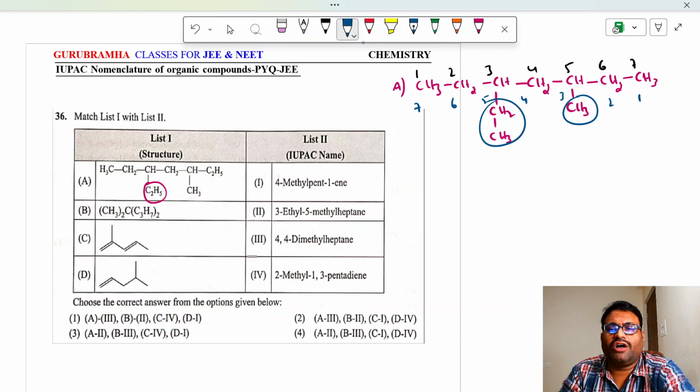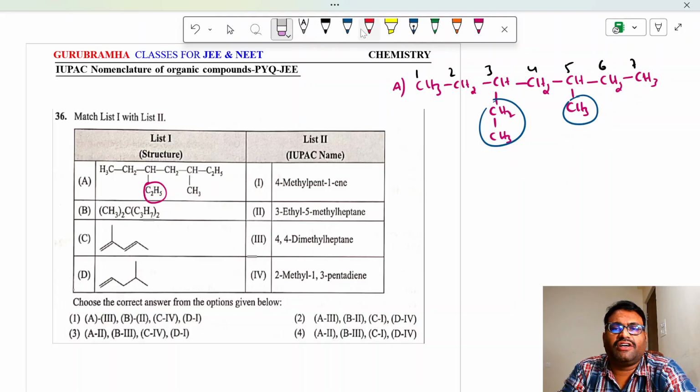So what rule are we following? If two substituents occupy similar positions, the numbering is done in such a way that the substituent whose letter comes first in alphabetical order has to get the least number. So this will be the correct numbering.